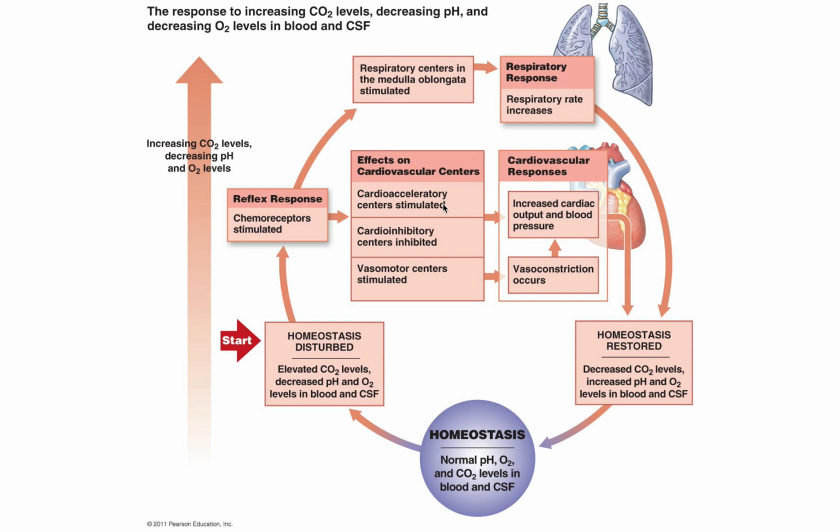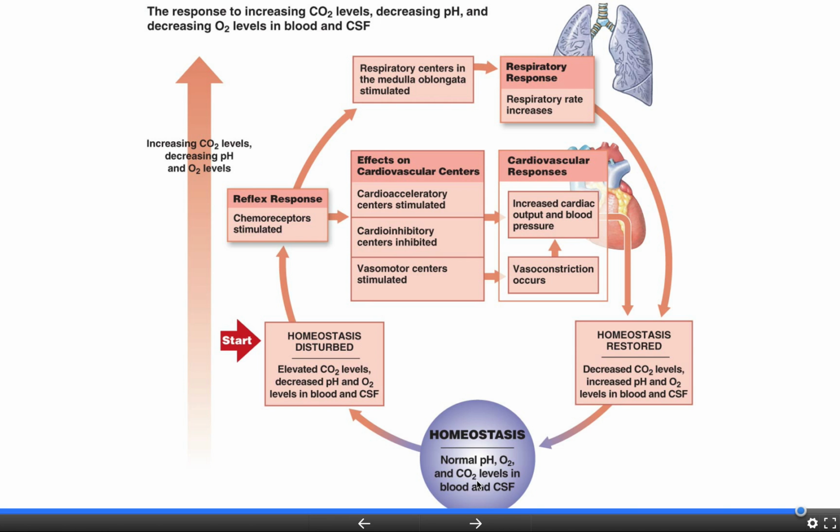So when carbon dioxide increases, that's bad. Or when oxygen or pH levels decrease, that's also bad. The respiratory rate is going to increase to bring in more oxygen, and cardiac output is going to increase. And together this will decrease the amount of carbon dioxide. It will also increase our oxygen and our pH levels and bring the blood back to homeostasis.